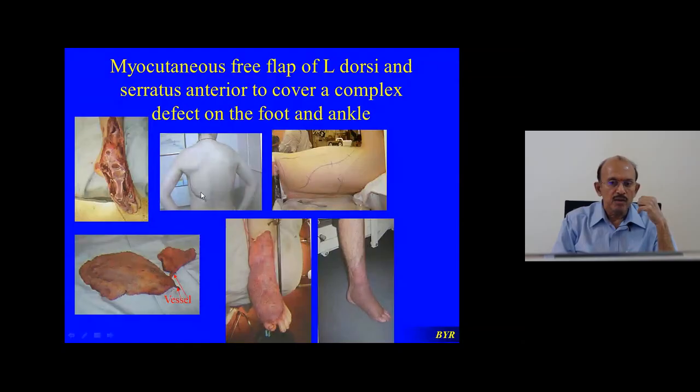So that was excised. You can see this is the latissimus dorsi muscle and this is the thoracodorsal artery. He took this, placed it over the foot, and the artery is anastomosed to the radial artery. Sorry, the tibial artery.